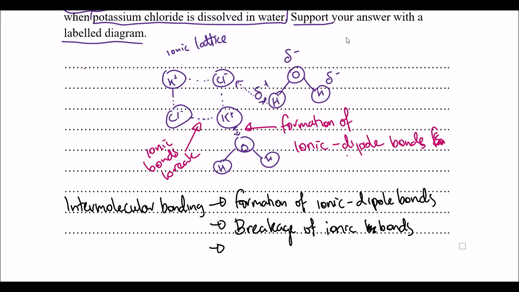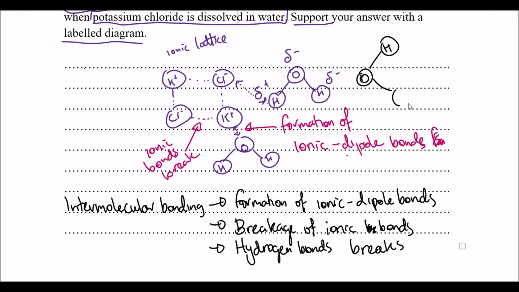And we're also breaking hydrogen bonds between the water molecules. You could probably draw that out as well. So we can draw the oxygen and the hydrogens. So we can say a bond breaks.